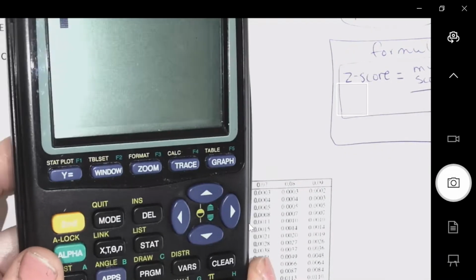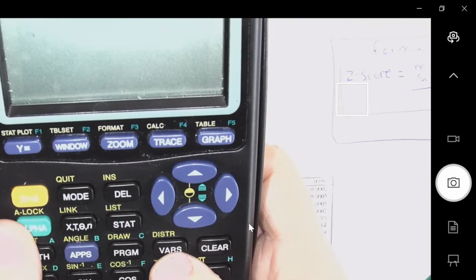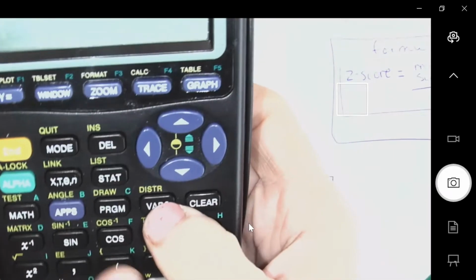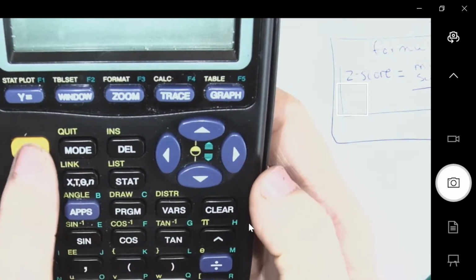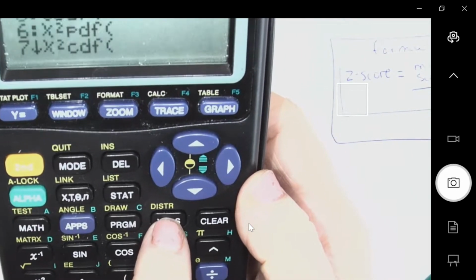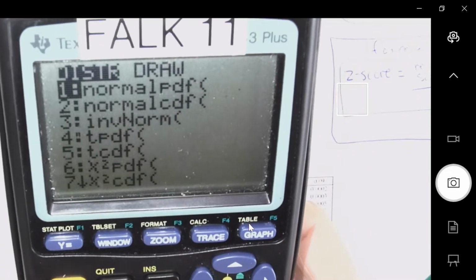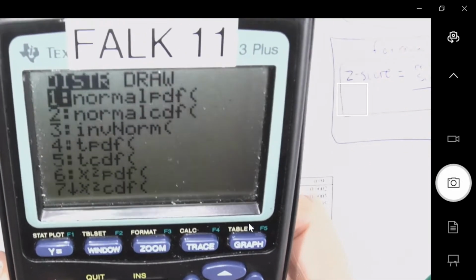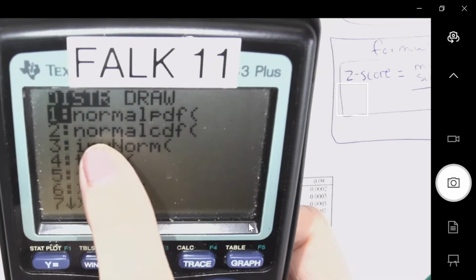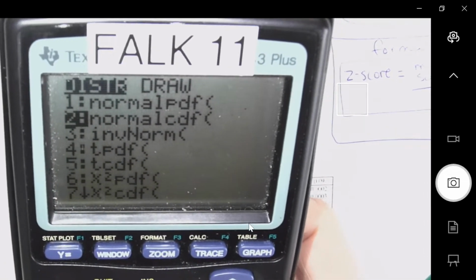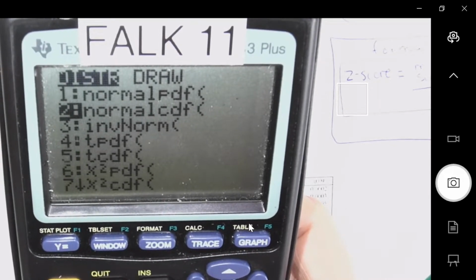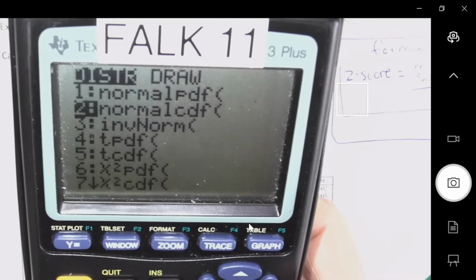Okay, so here we go. Distribution button is right here. So I'm going to go second vars. Okay. Now we said the normal CDF. So go down to number 2, enter.